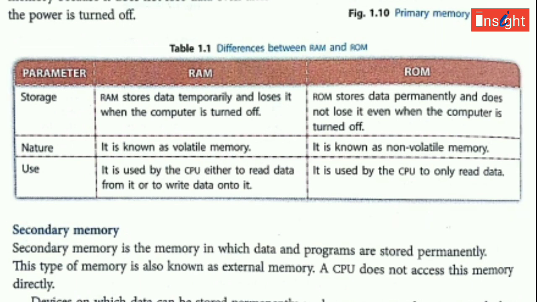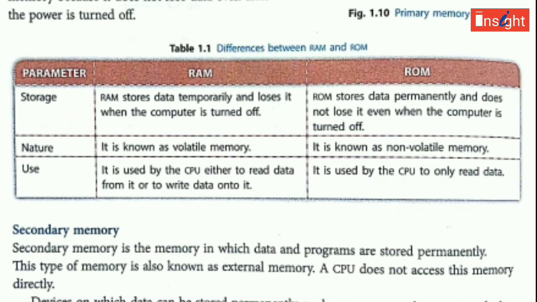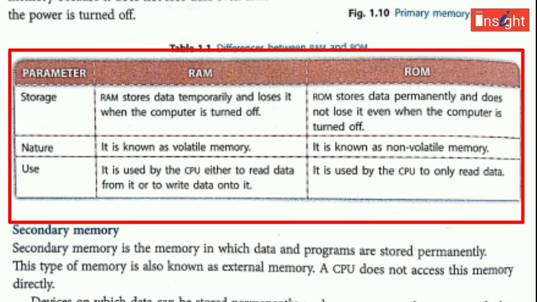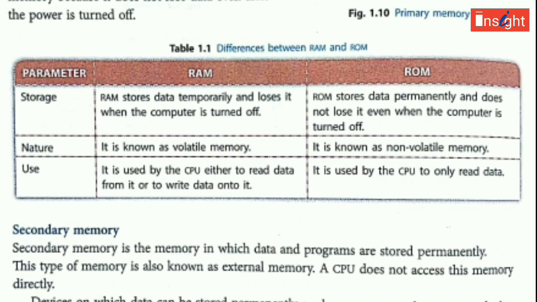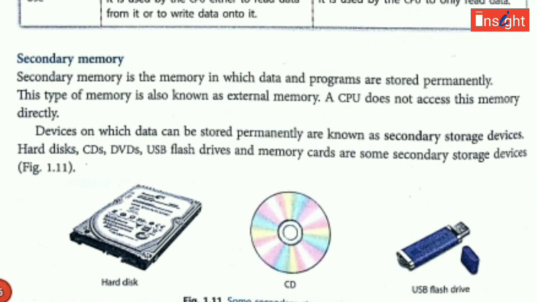Number 3, RAM is used by the CPU either to read data from it or to write data onto it. But in case of ROM, a CPU can only read data from it and it cannot write data onto it.